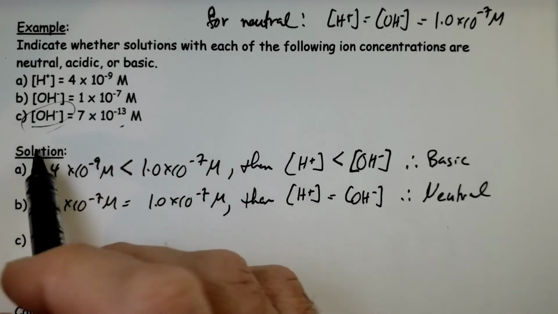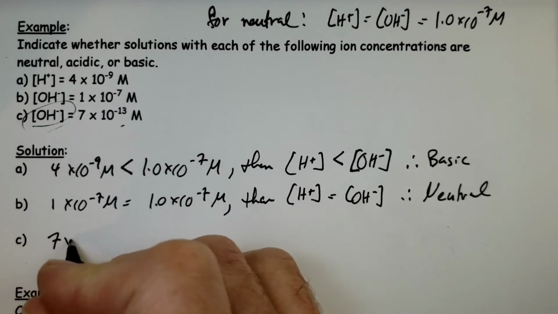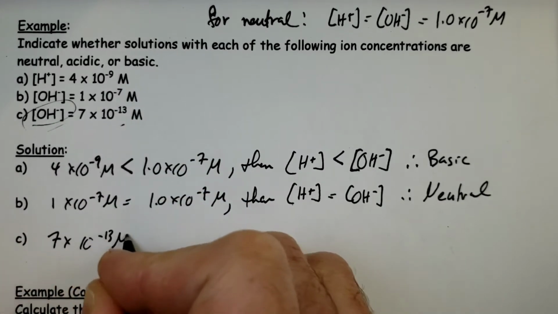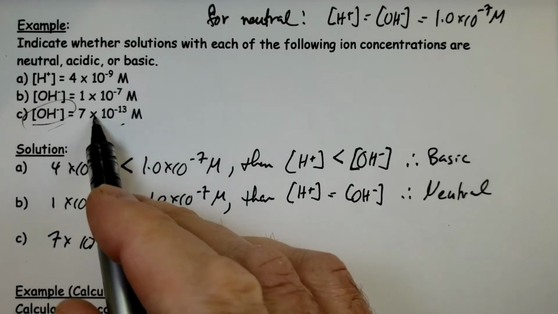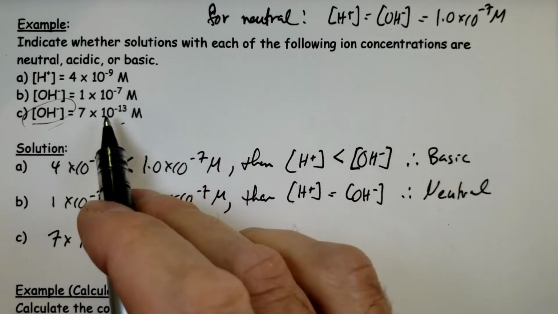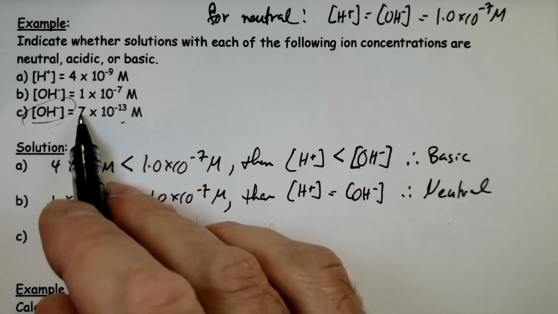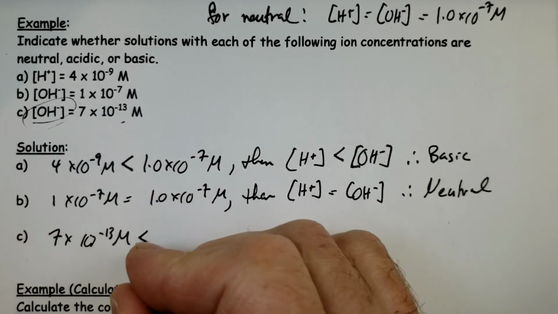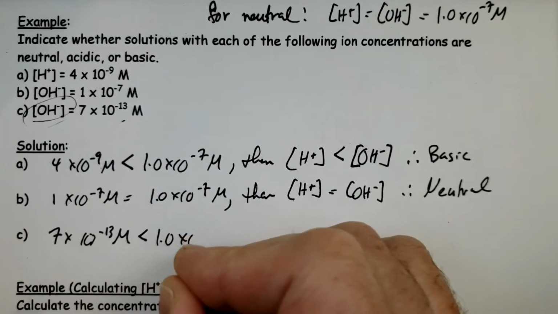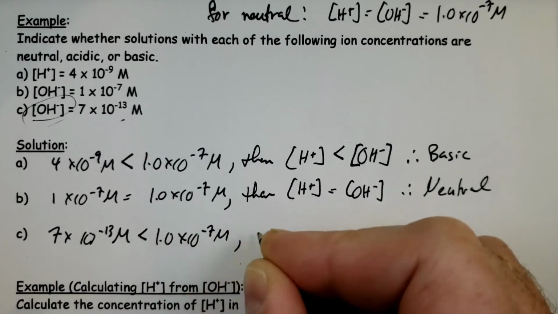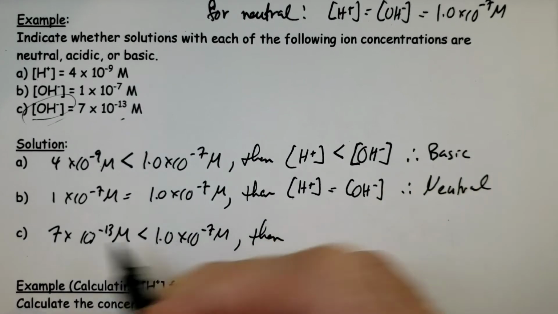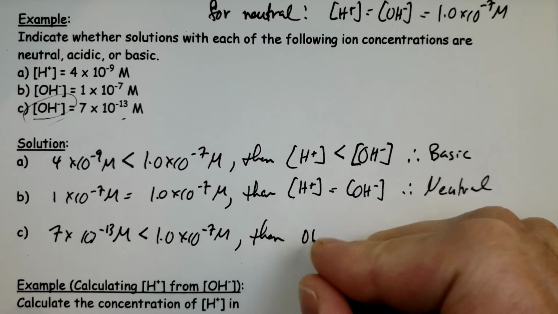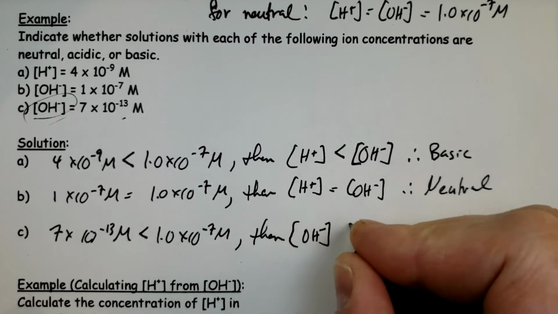And then lastly, if I look over here, [OH-] this time. Now this number compared to the neutral number, this is way smaller. That decimal is 13 places to the left. Therefore, it's less than 1 times 10 to the minus 7. Now this represents my [OH-], so [OH-] must be less than [H+].